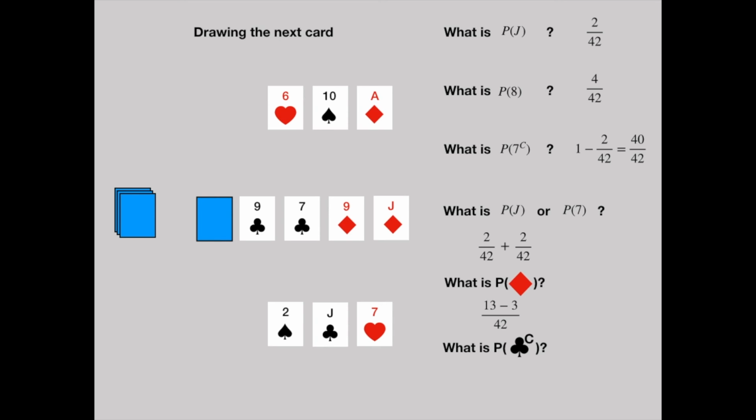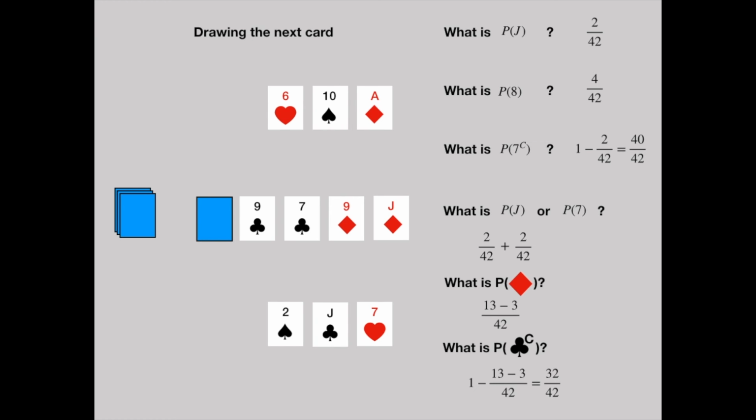That means there are 10 clubs in the pile. And then finding the probability of the complement should be 1 minus 10 over 42, which equals 32 over 42.